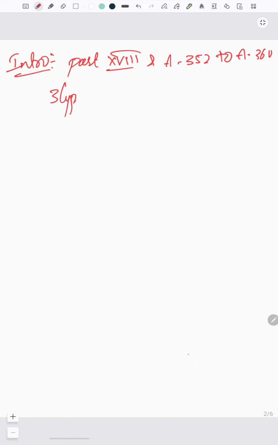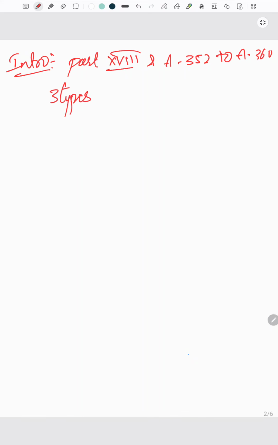If you observe many toppers' copies from UPSC mains, their intros are very crisp and clear. Today we'll start our intro by stating that emergencies are in Part 18 of the Constitution, from Article 352 to 360. After that we can say that there are three types of emergencies.